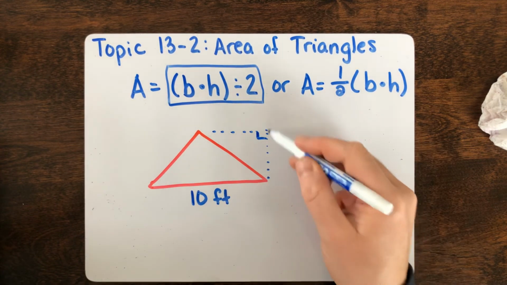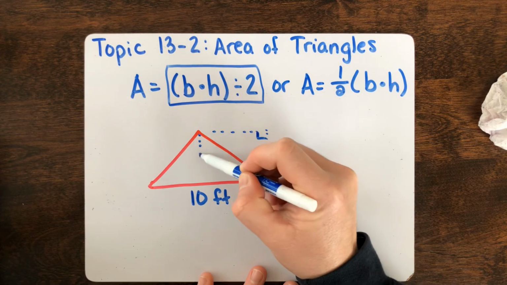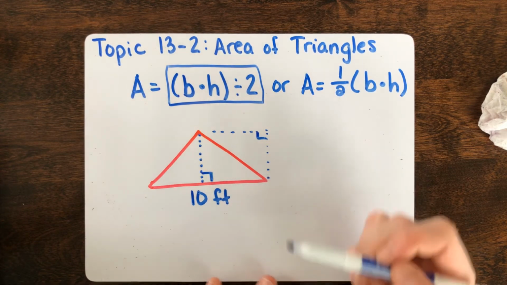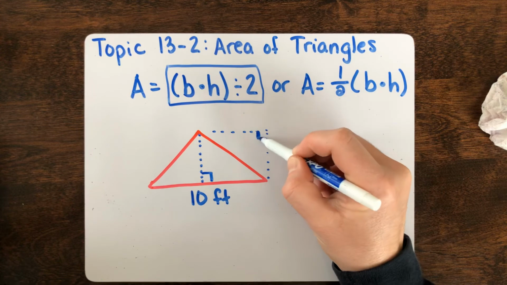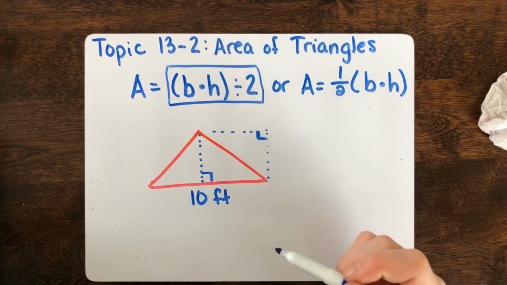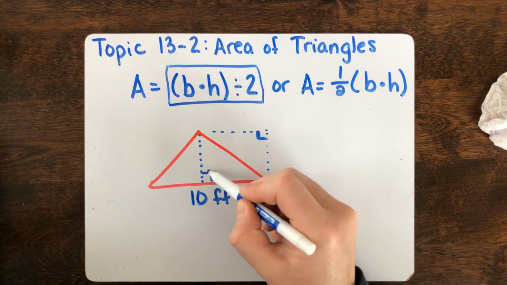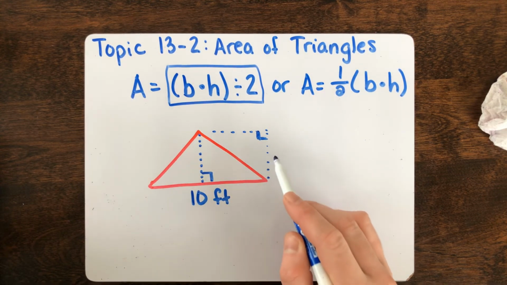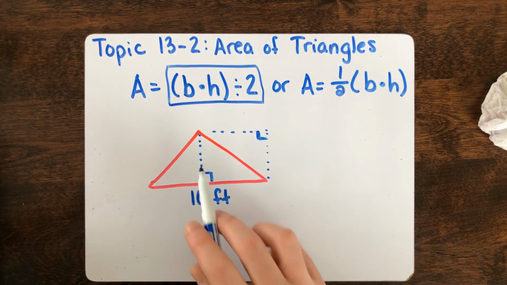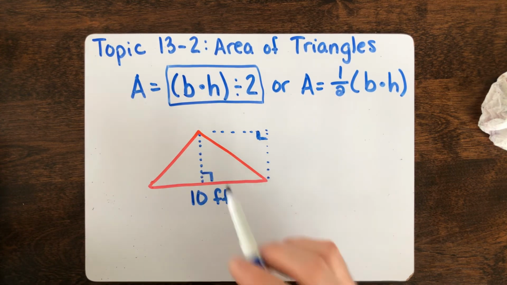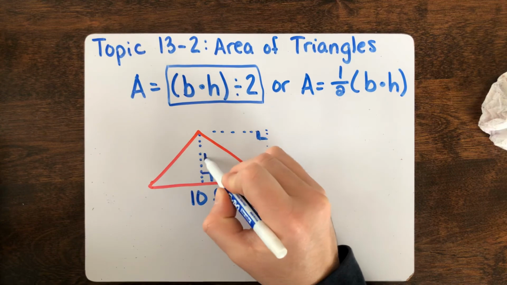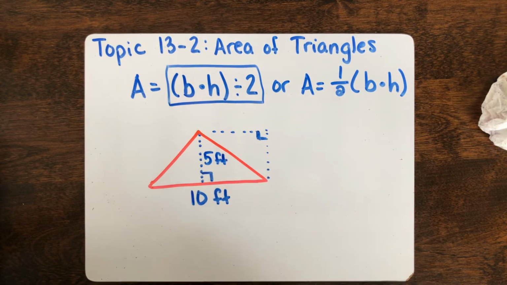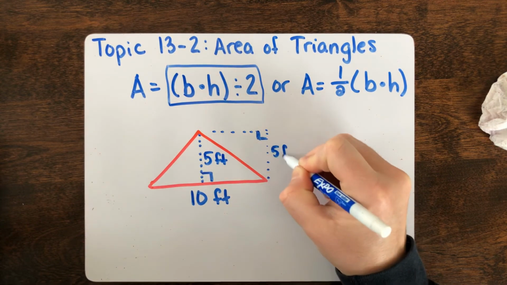So they may say the height's like that, or they may just draw a straight line like that and tell you the height. Whenever you see this box, that tells you it's a right angle, and that tells you that it's exactly vertical, which would mean that it is the height, okay? So they may show the height like this or like this. Either way, it's exactly the same. Let's say they say the height is 5 feet. Okay, they may say 5 feet over here.